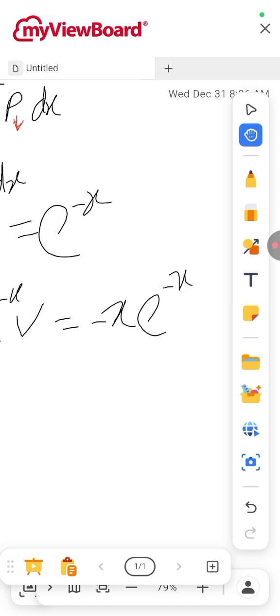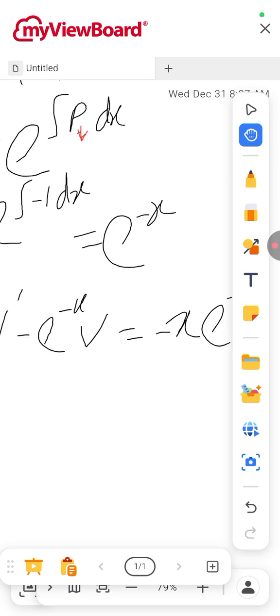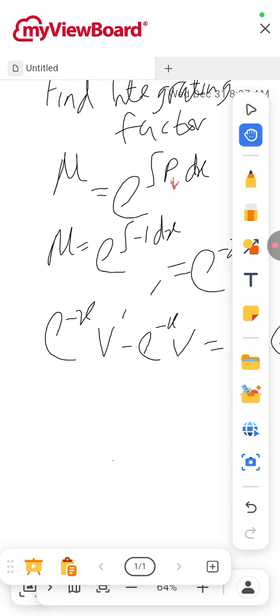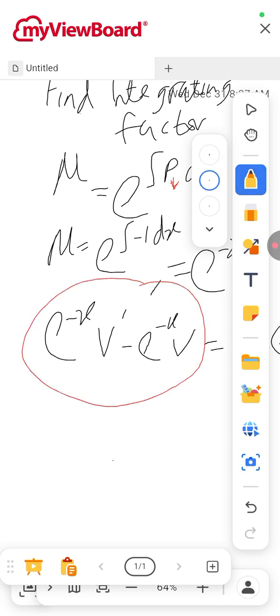I can integrate that one. This one is using integration by parts. But the left hand side here, I want to integrate it.